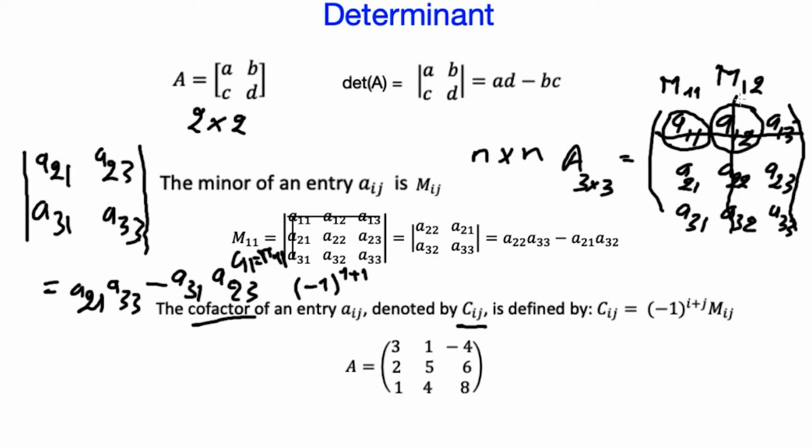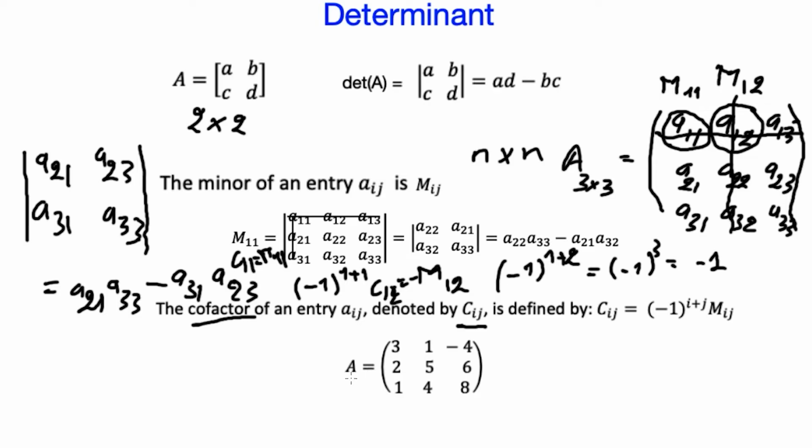And in this case, C12 will equal minus M12, because here i is 1 and j is 2, so the sum is 3, and (-1) to the power of 3 is minus 1. So this is minus M12.